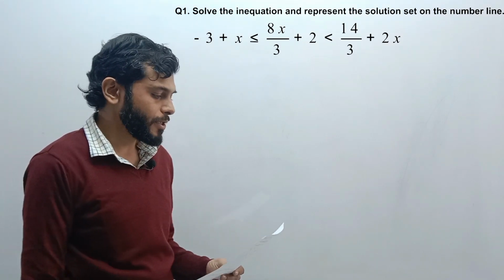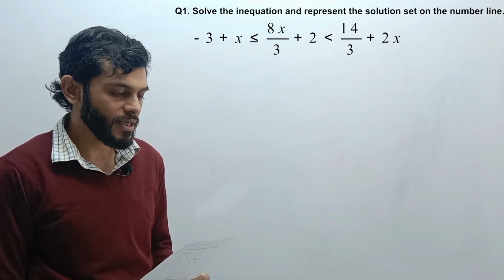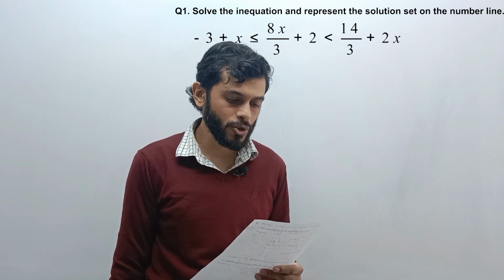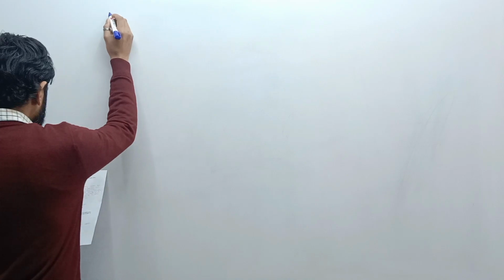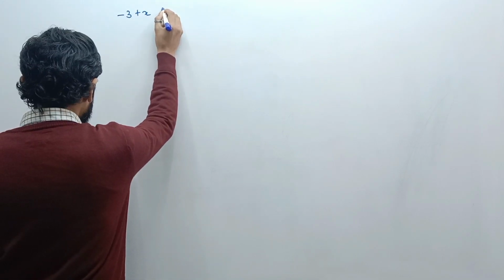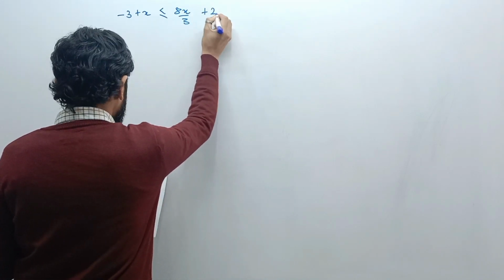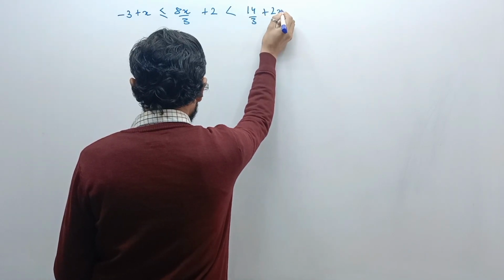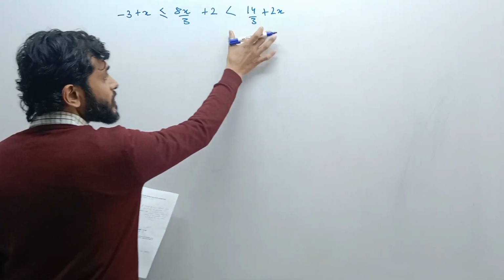Coming to the first question: solve the inequation and represent the solution set on the number line. Minus 3 plus x is less than or equal to 8x by 3 plus 2, which is less than 14 upon 3 plus 2x, where x belongs to the set of integers. In this case we have to take two separate inequations.